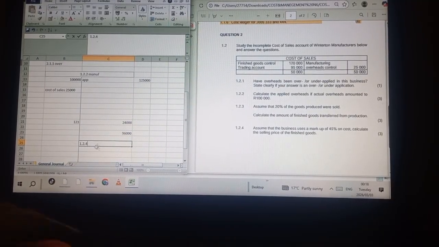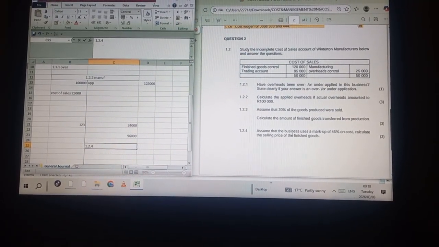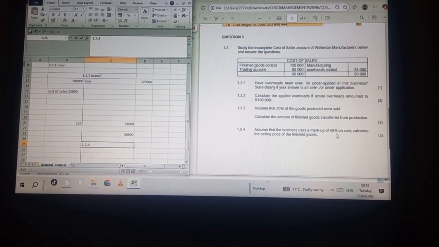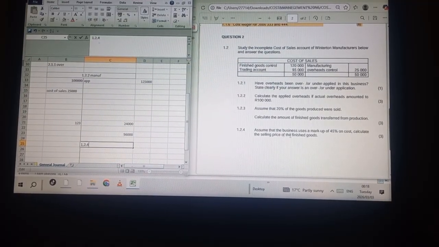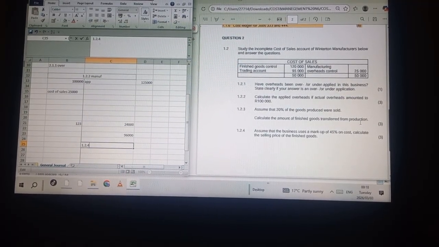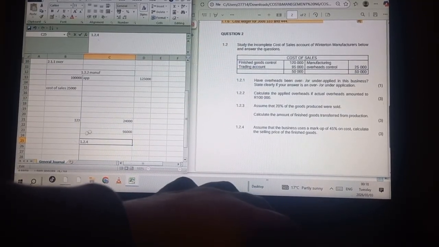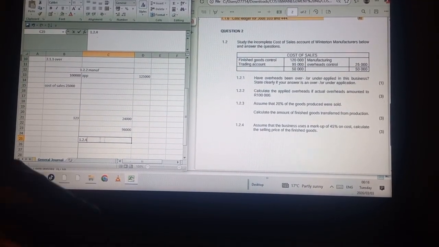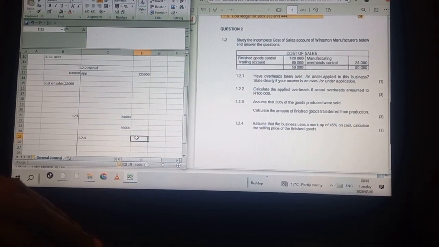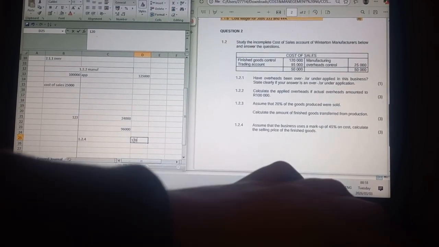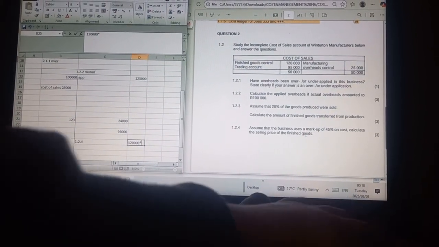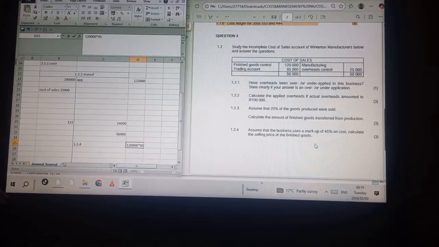1.2.4. Assume that the business uses a markup of 45% on cost. Calculate the selling price of the finished goods. You take your 120,000 times 45%.